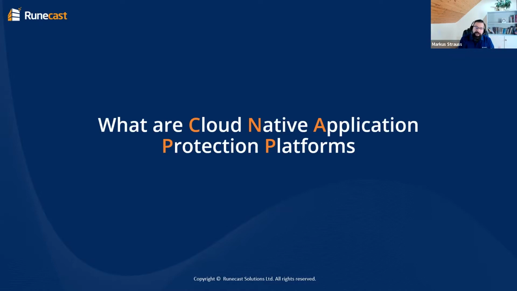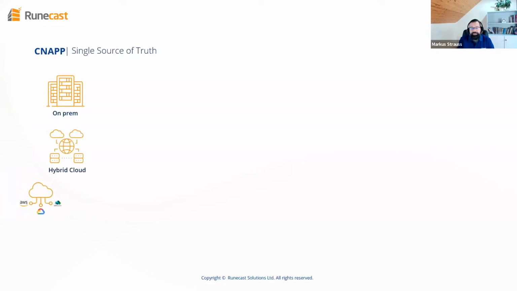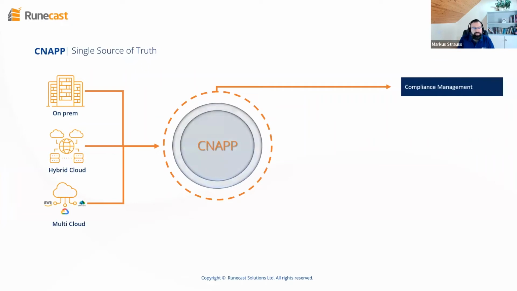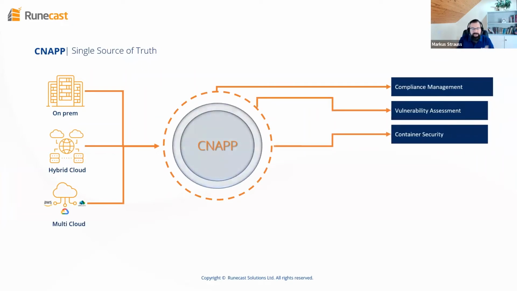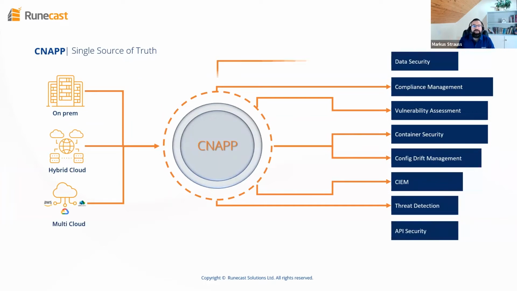But as it says in the name already, it's about a platform. And often there are various different terms that we can use. Some of these are more marketing terms than others, like single pane of glass, we've heard them for many years, but we should consider the CNAPP platform as a single source of truth.